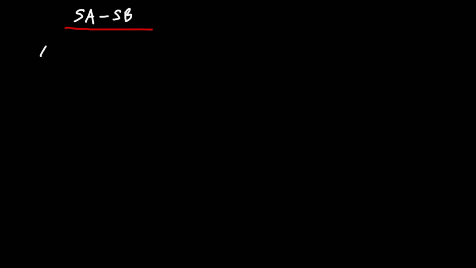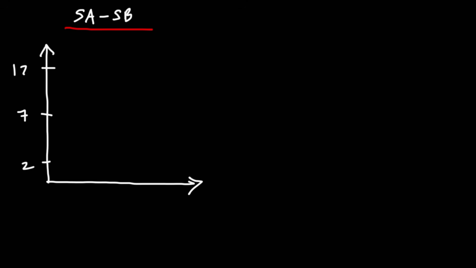So let's draw the titration curve for this type of situation. So initially we have strong acid in the solution. So the pH is going to start out very low. And then it's going to rise dramatically, and then it's going to eventually taper off.